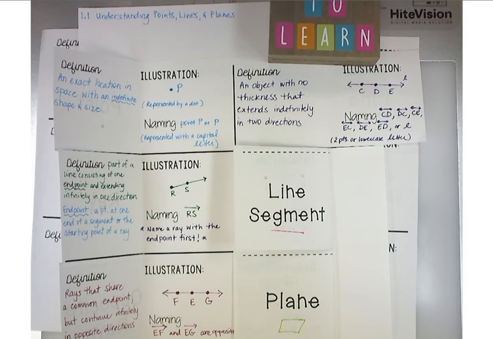A line has no thickness. It's an object with no thickness that extends indefinitely in two directions. If you look at the illustration for the line, it looks exactly like the illustration for the opposite rays. So even in that illustration, we have opposite rays.